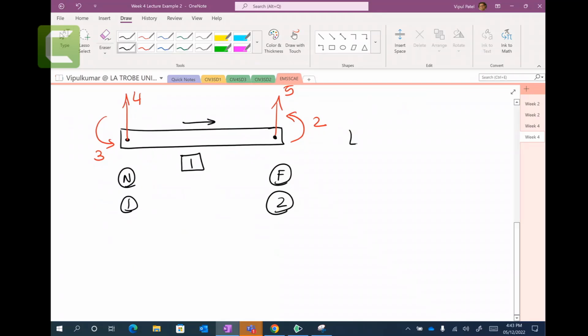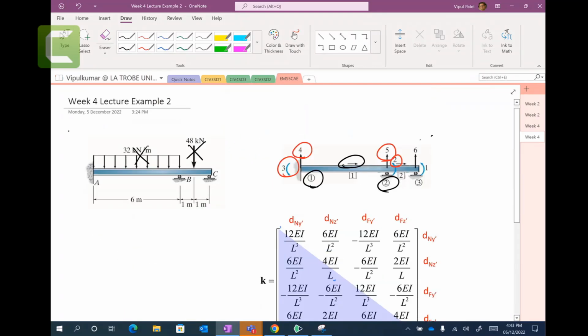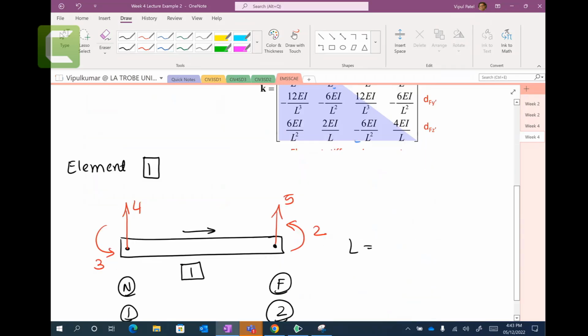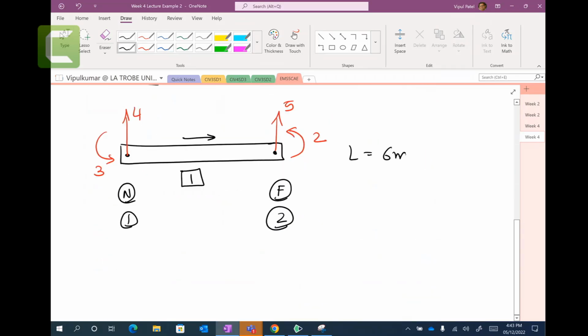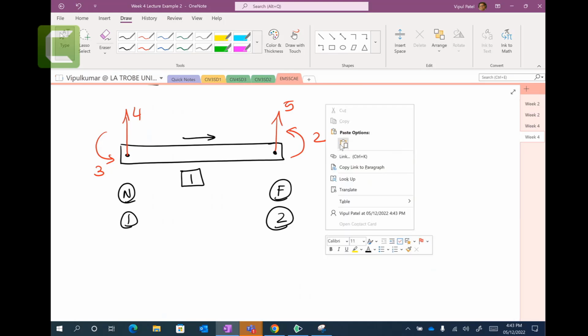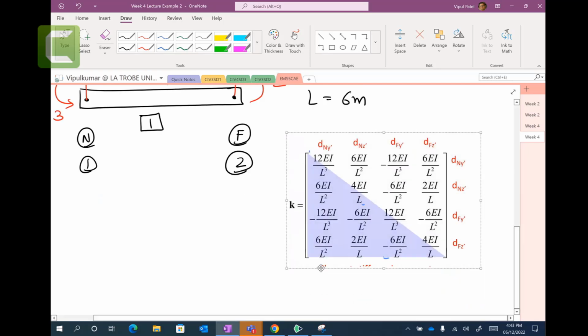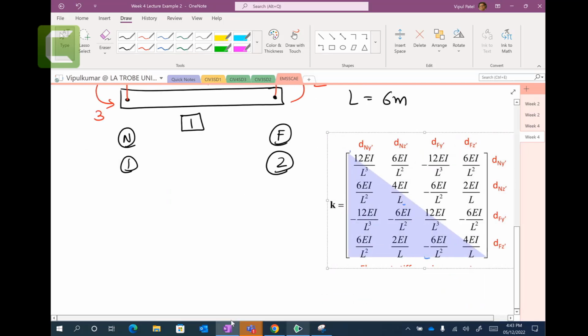And the length of this one would be 6 meters. So I hope you understand that. No issue. We just get this information for you, and we can get this matrix here closer to us, so we can work it out.